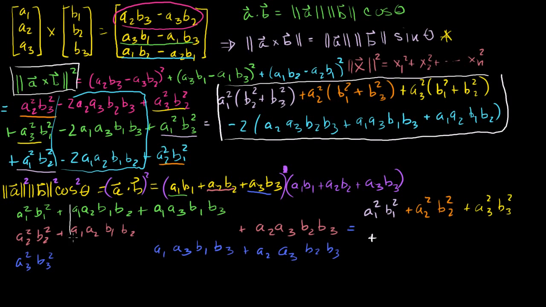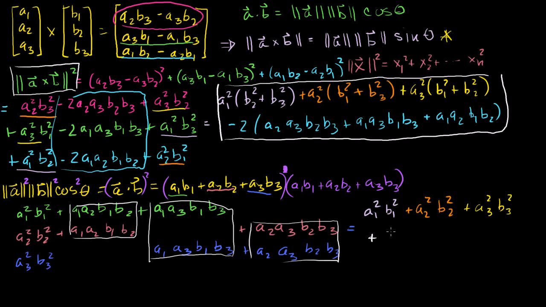You have this term times 2. You have this term times 2. And then you have this term times 2. So plus 2 times a1 a2 b1 b2, that's that term, plus this one right here, a1 a3 b1 b3. Finally, plus this one, a2 a3 b2 b3.